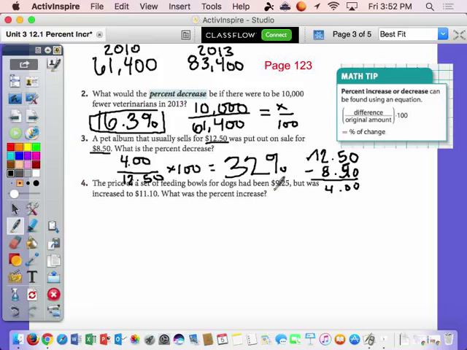All right? So same things. $9.25, $11.10 is what it was increased to. So first, find the difference. $11.10 minus $9.25.